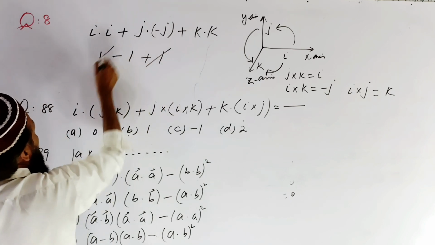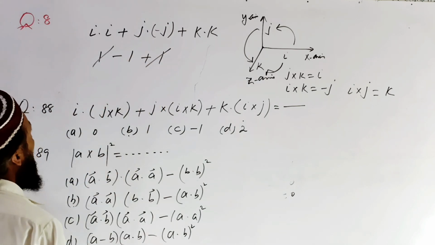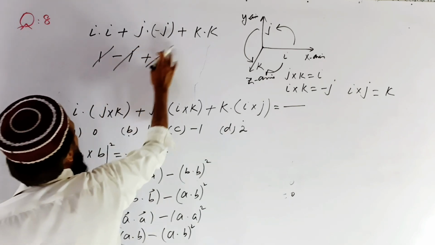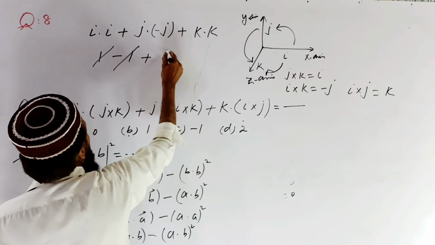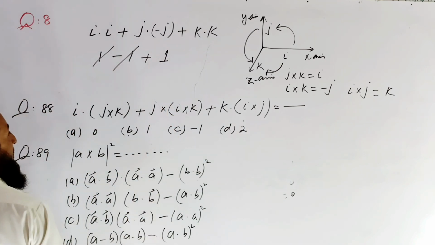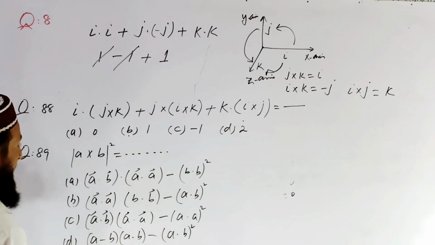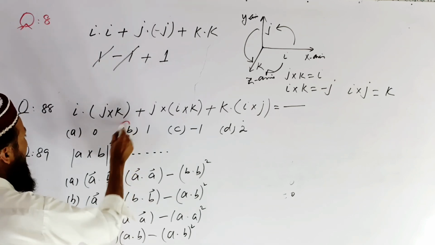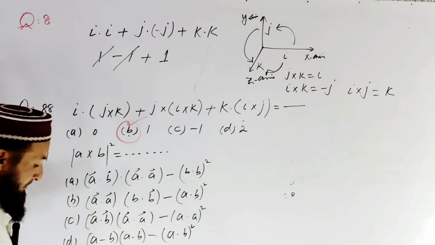Two of them cancel each other, and we get the answer plus 1. Plus 1 is the correct answer in this option. So B is the correct answer.